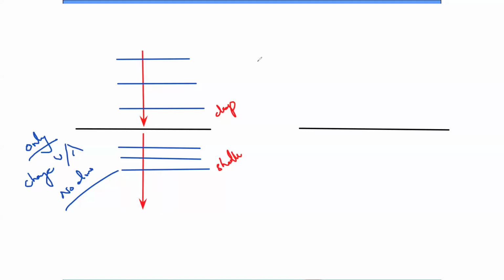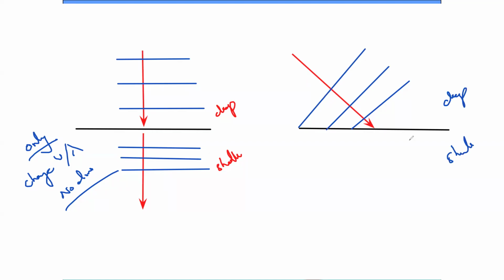Now, when the wave strikes at a certain angle, in this case, the wave will also undergo a change in direction. These are the wave fronts. So let's take the example of the water wave. This is a deep region and this is a shallow region.